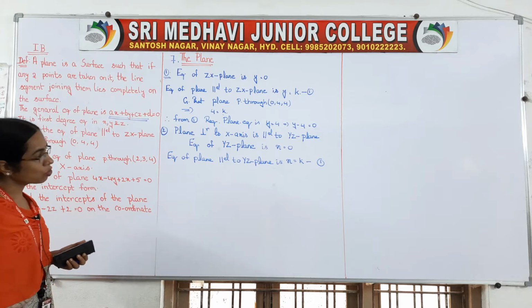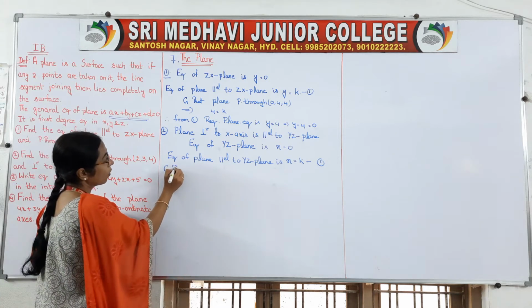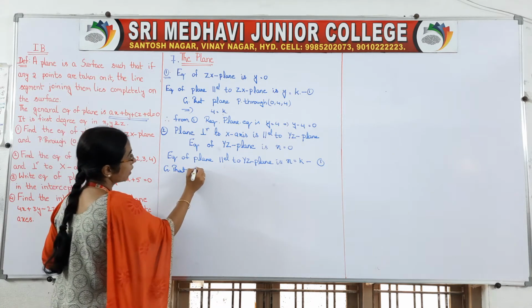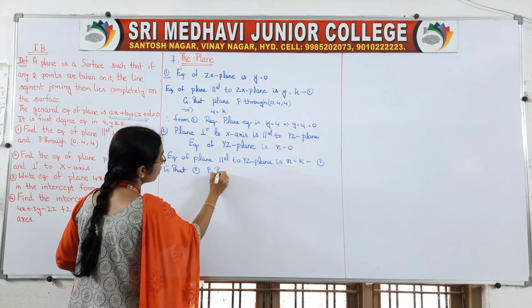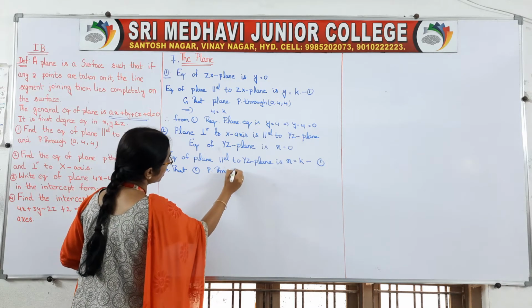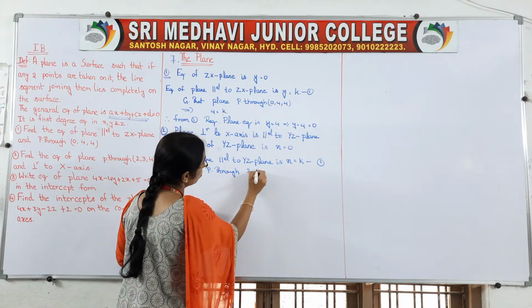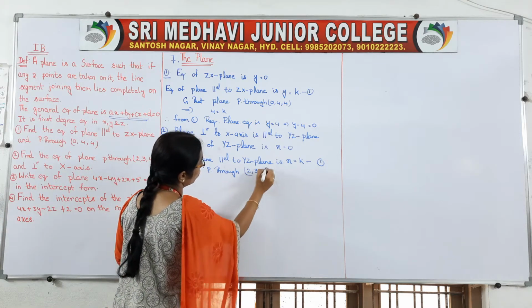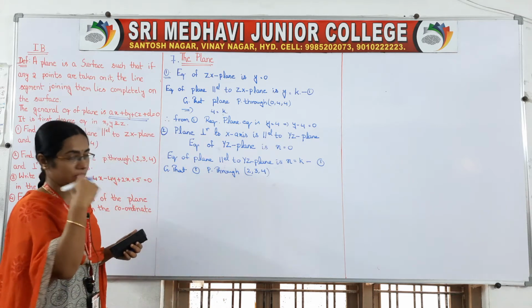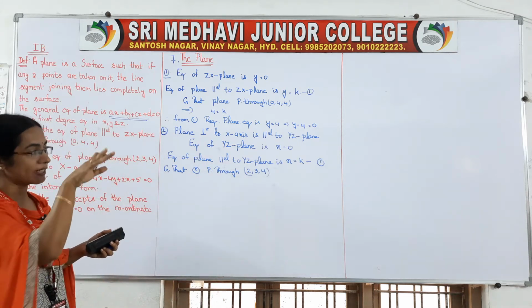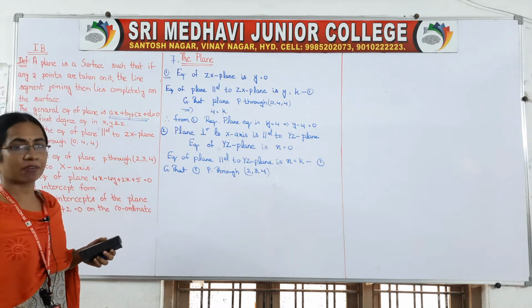Given that it passes through which point? The point is given to us, (2, 3, 4). So that plane passes through it, which means the point satisfies the plane equation.